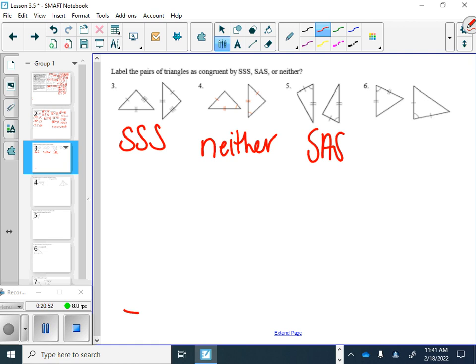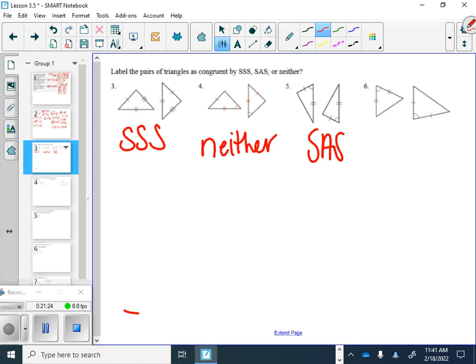Alright, what about number 6? Neither. Tell me why neither. That one only got 1 tick mark, the other one got 2. What the 2 tick marks are saying is that these two sides are congruent to each other, and this is saying these two sides are congruent to each other.